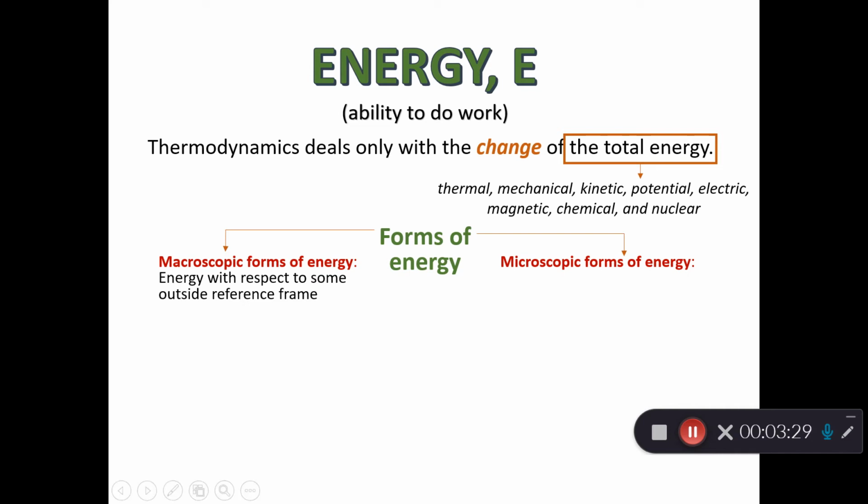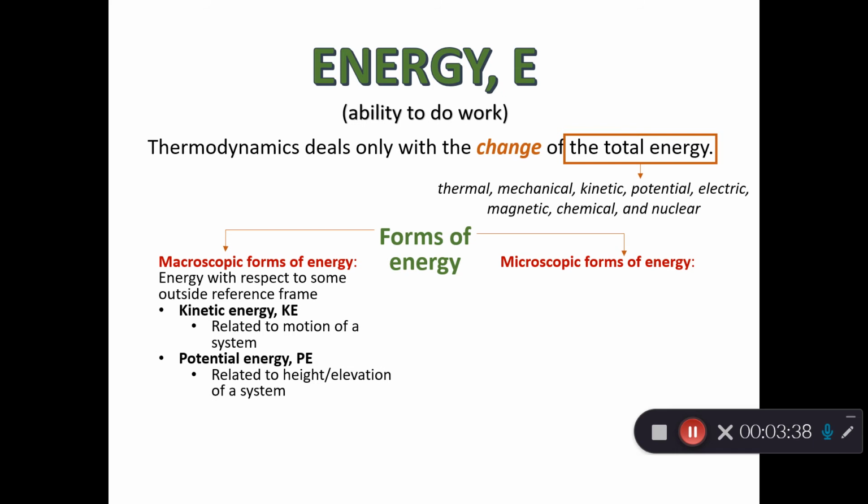So for example, kinetic energy, because only somebody, an observer from outside, can view kinetic energy. Also, potential energy. KE is related to the motion of a system. If you remember, kinetic energy equals half mv squared. So v, that is velocity, which represents movement. And potential energy, if you remember, is equal to mgh. So h is referring to the height. Okay, this contributes to potential energy.